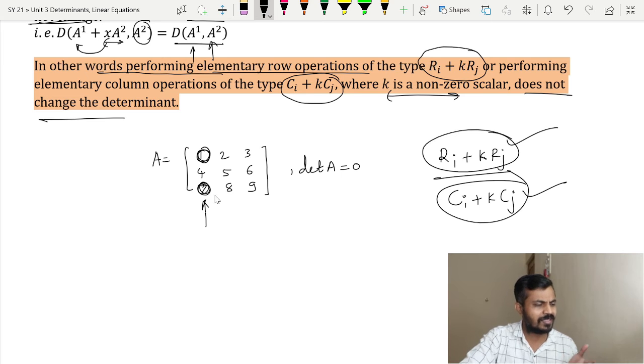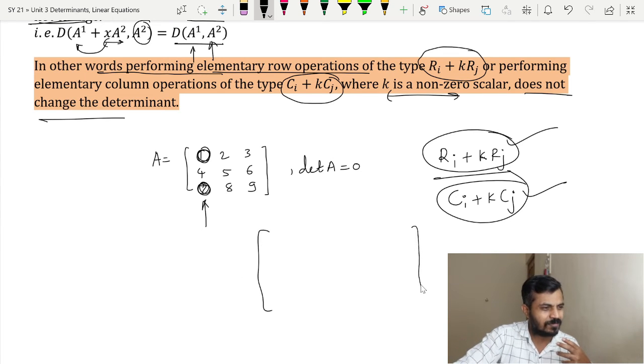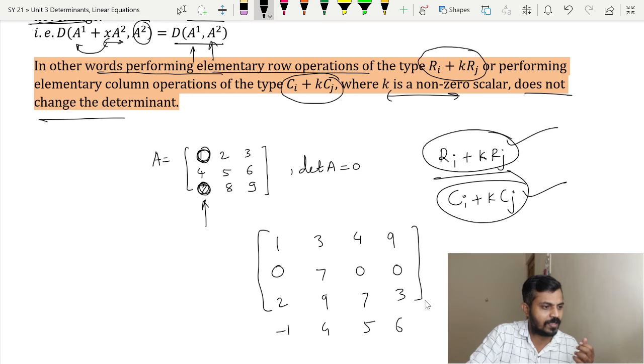And sometimes we may get a bigger matrix which may have 3 zeros in a certain row. Let me give an example. Let us say 0 1 3 4, 9 0 7 0, 2 9 7 3, minus 1 4 5 and 6.